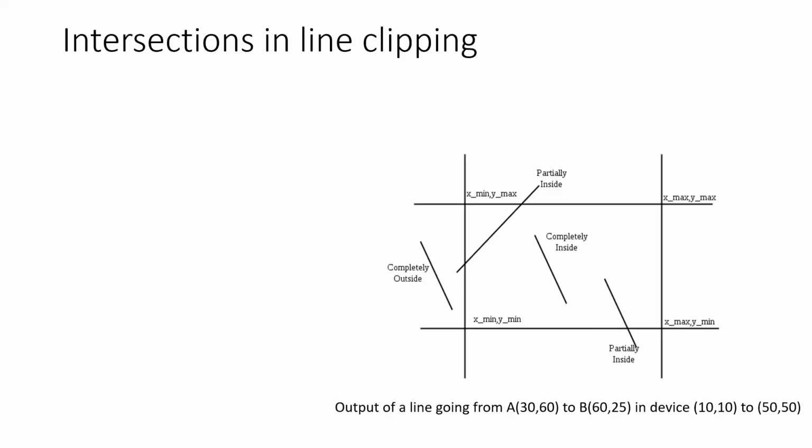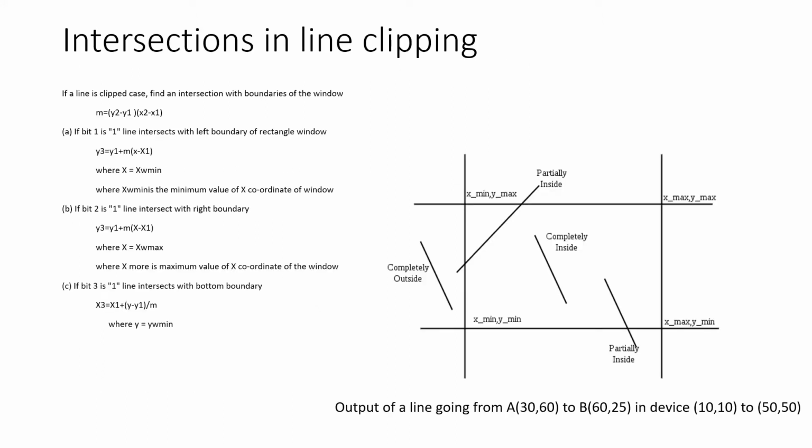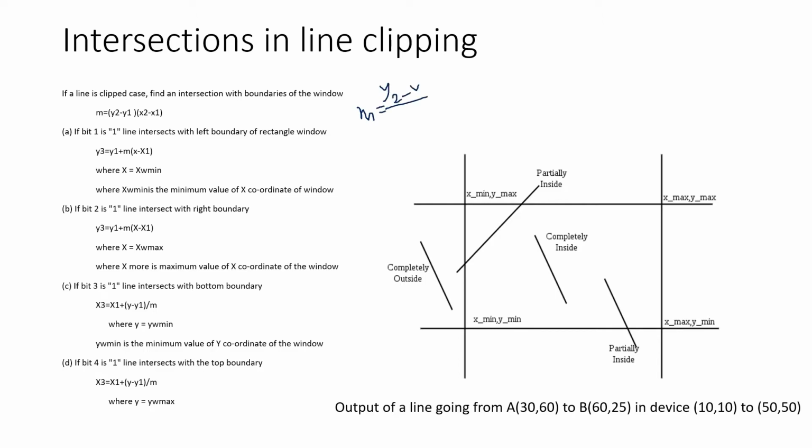In order to calculate the intersection points, we applied this method using the Cohen-Sutherland algorithm, calculating according to y equals mx plus c, where m is equal to y2 minus y1 over x2 minus x1. If it is on the left-hand side region, we have to see which value is increasing as we go.